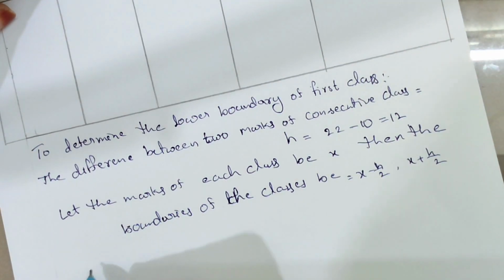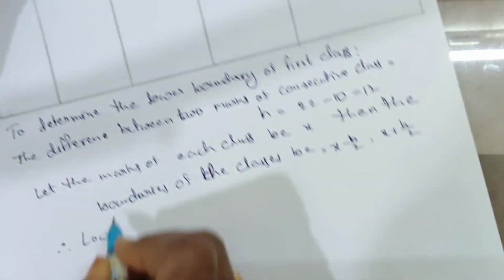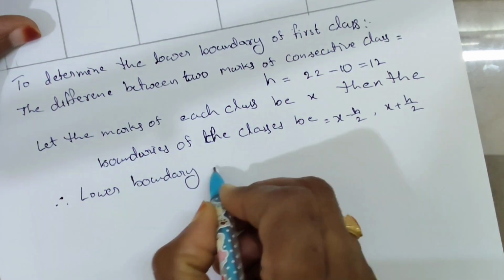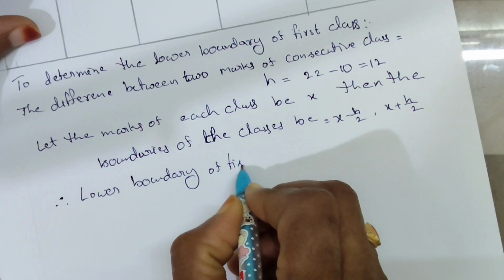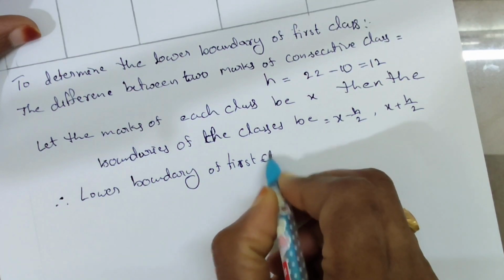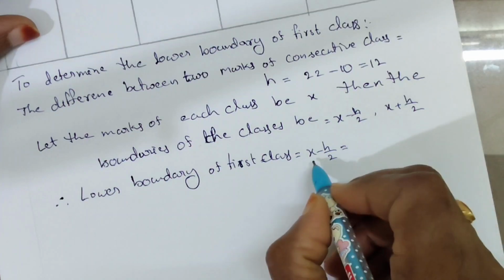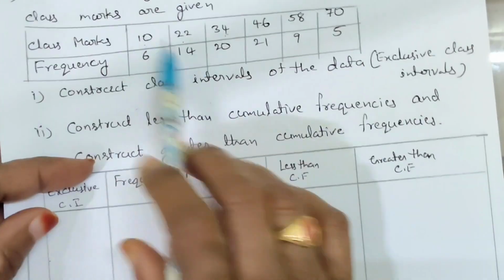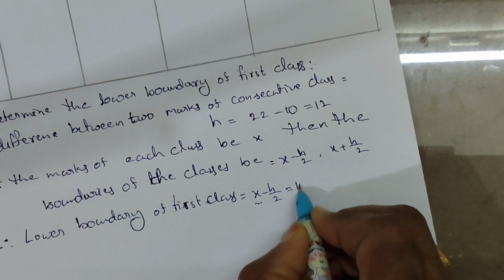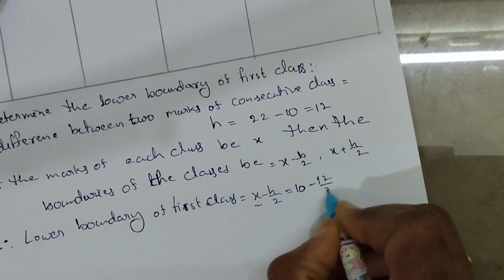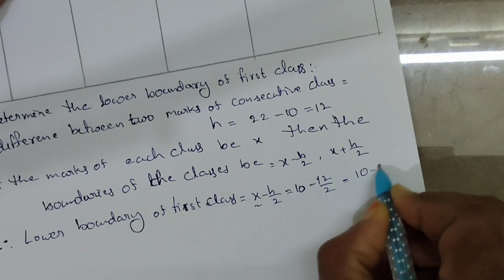Therefore, the lower boundary of the first class is x minus h by 2. Here x is 10 and h is 12, so 10 minus 12 by 2 is 10 minus 6, equal to 4.